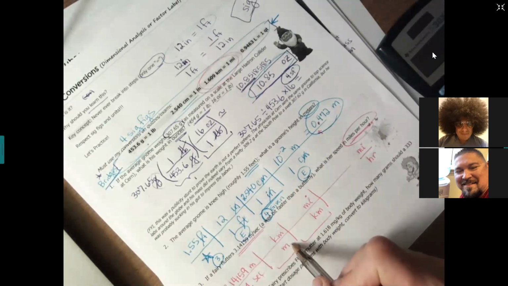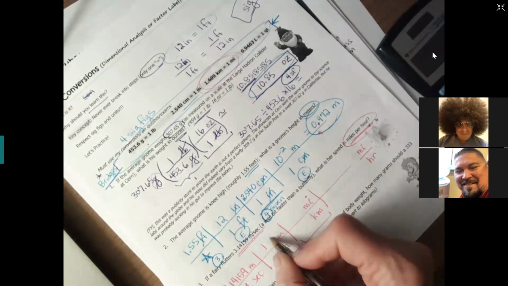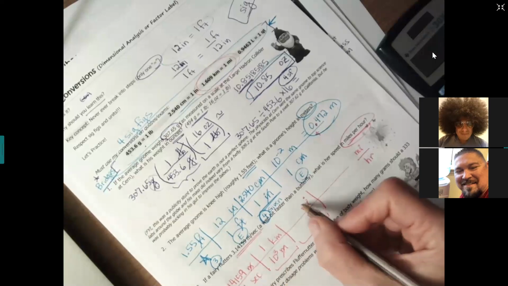Does that hold true? We go from this to that to make sure my meters cancel. So for kilometer, you can do 1,000 meters to a kilometer or 10 to the third. That's from our metric thing. My meters cancel. And then this, miles is 1 and kilometers is 1.609.